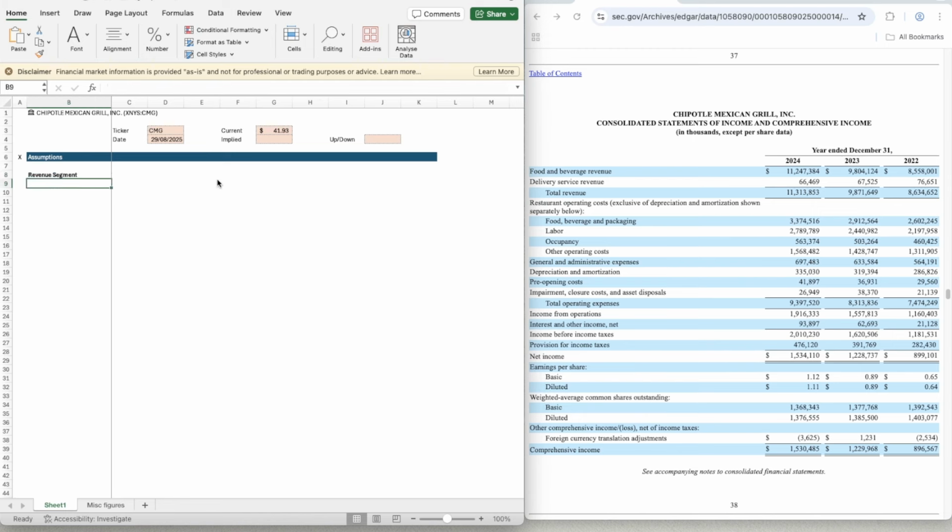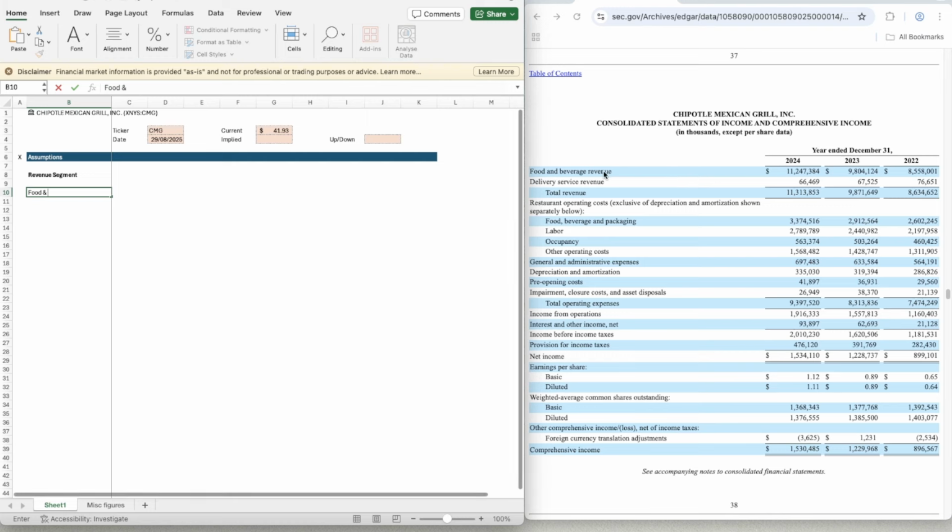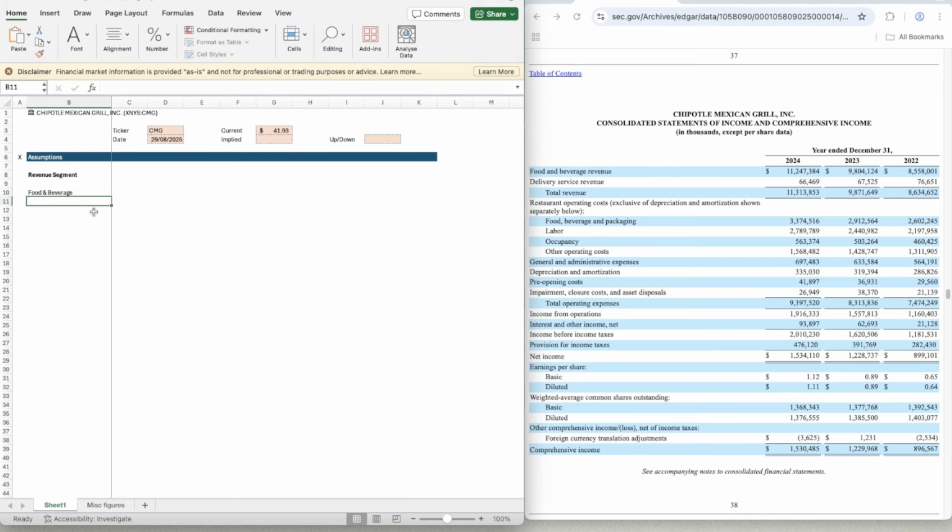This is going to be how we switch between different scenarios. We can see here that it's food and beverage, delivery service, and the other is the other one.